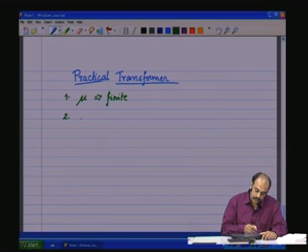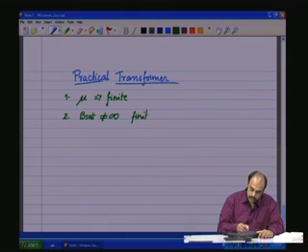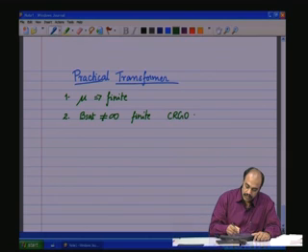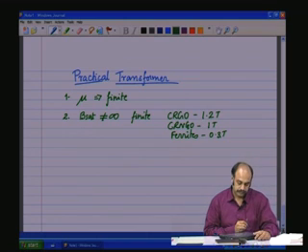The BSAT, the saturation flux density, is not infinity, but a very finite value, and as I said, CRGO has around 1.2 Tesla, CRNGO, cold rolled non grain oriented silicon steel, has around 1 Tesla, ferrites around 0.3 Tesla, and so on.